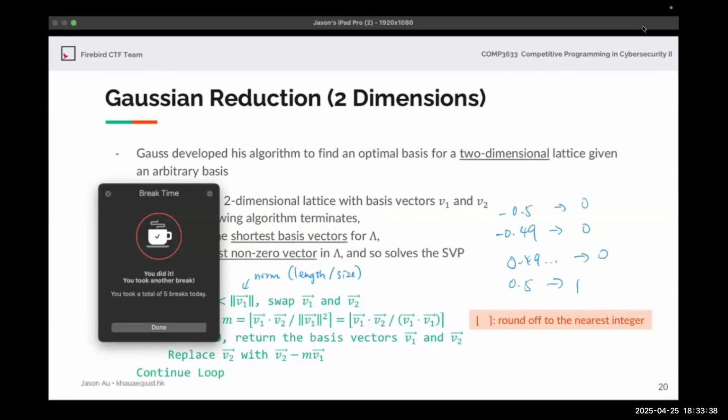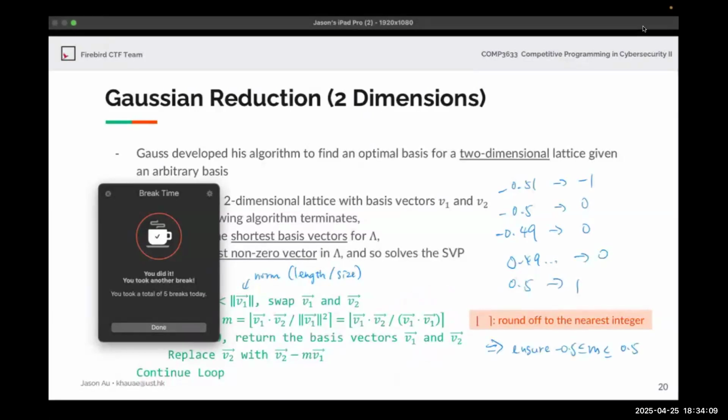But if it's negative 0.51, it will give us negative 1. This is basically the idea. It ensures that m is between negative 0.5 and 0.5. We will explain why in the next slide.